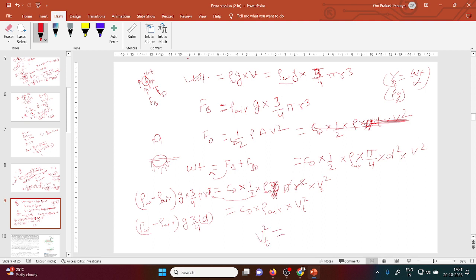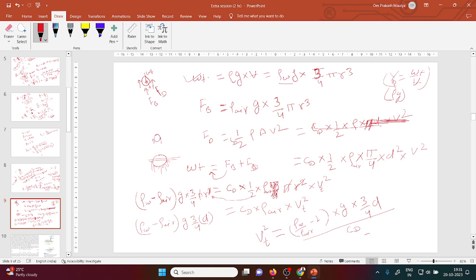Vt is equal to, and everything you put downside. So rho water divided by rho air minus 1 into G into 3 by 4 D divided by CD.